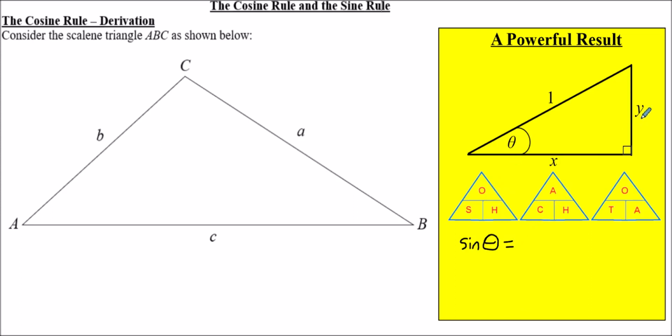The opposite is y, and the hypotenuse is 1. So y divided by 1 is just obviously y. Anything divided by 1 is just itself. So in other words, we've got that y is sine theta. So I can label that in here. So I'm just going to say y is sine theta.